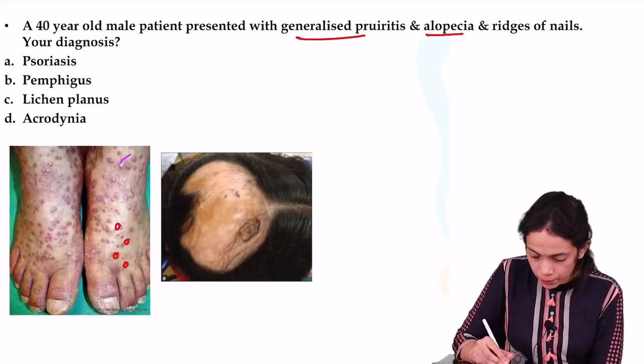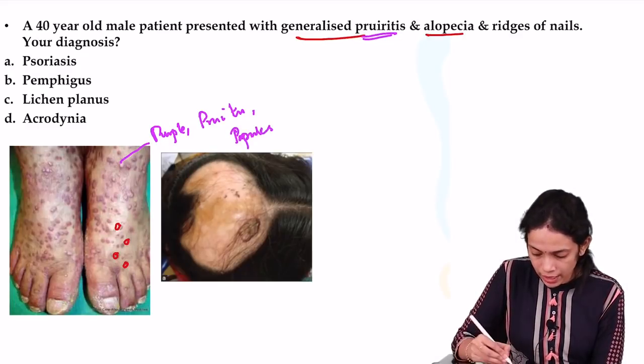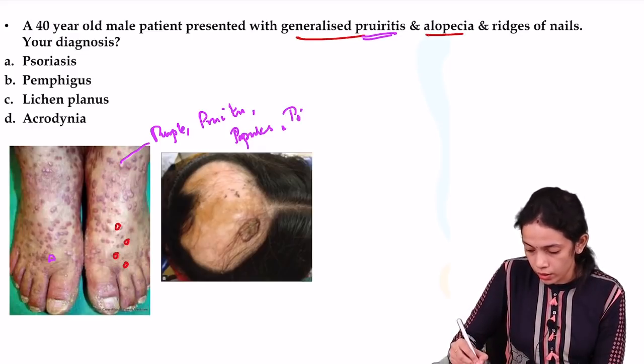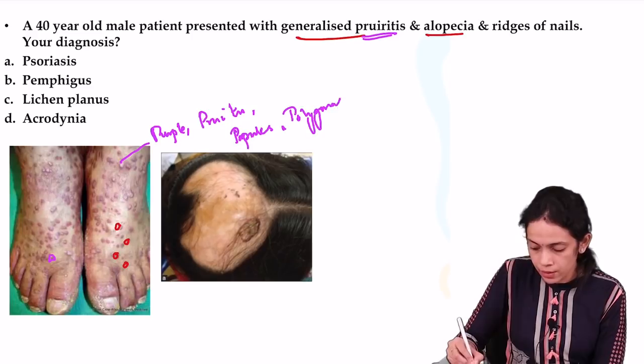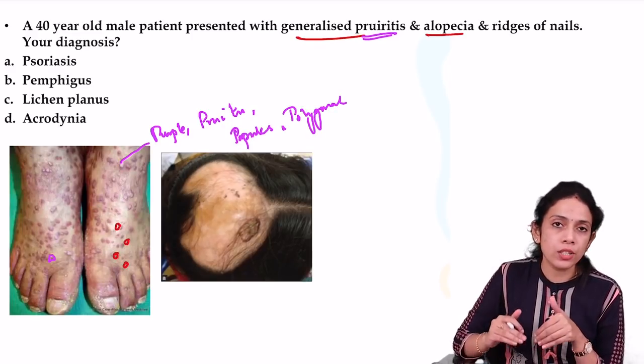And the patient has pruritus, right? They are papules, and a few of the lesions are polygonal. All these are the derivatives of the picture that is posted.